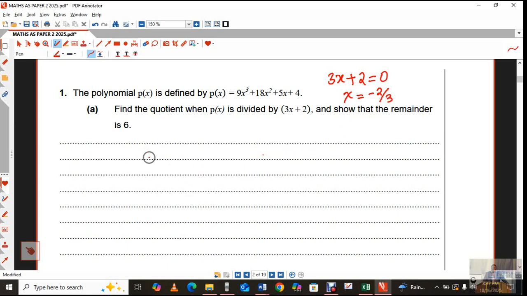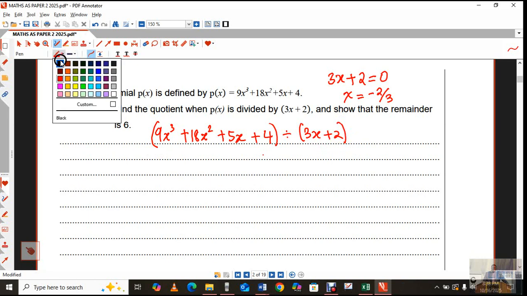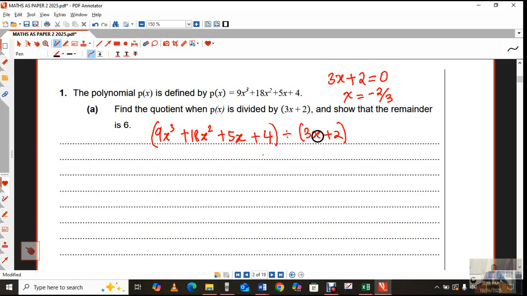Now, the idea here is maybe just so that I can explain to you what it is that I'm doing. So when I'm looking at 9x cubed plus 18x squared plus 5x plus 4, and I divide that by 3x plus 2, you know that from synthetic division, the coefficient here should be 1.